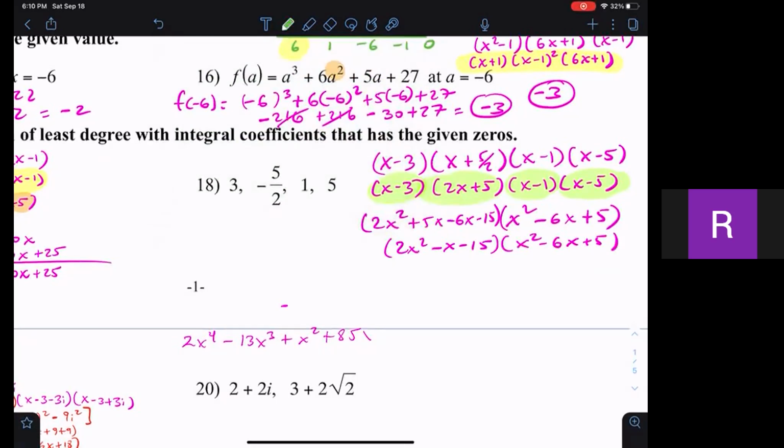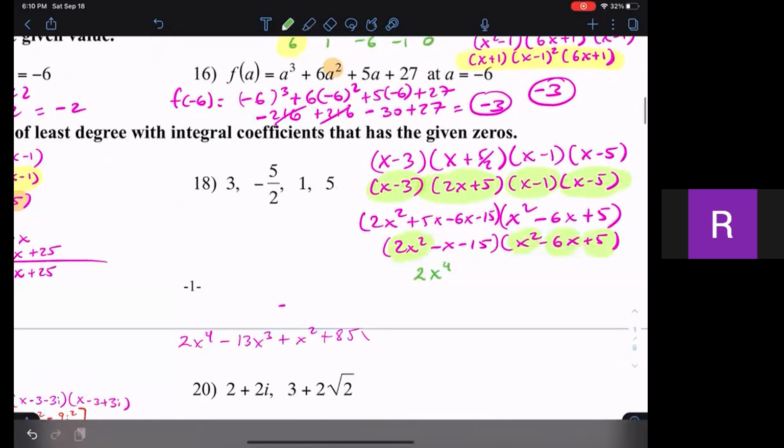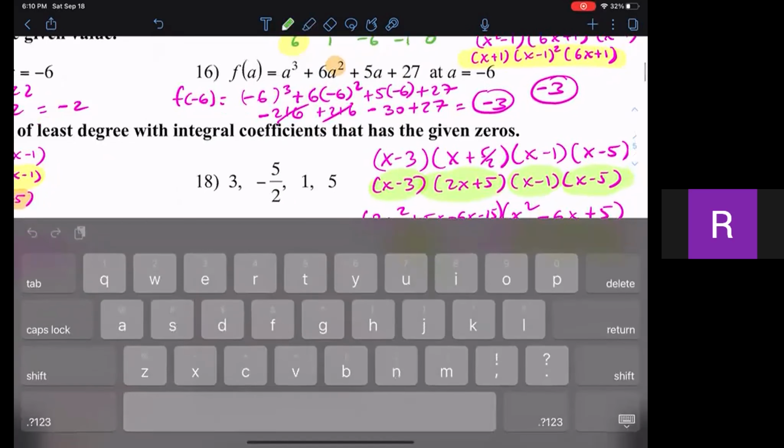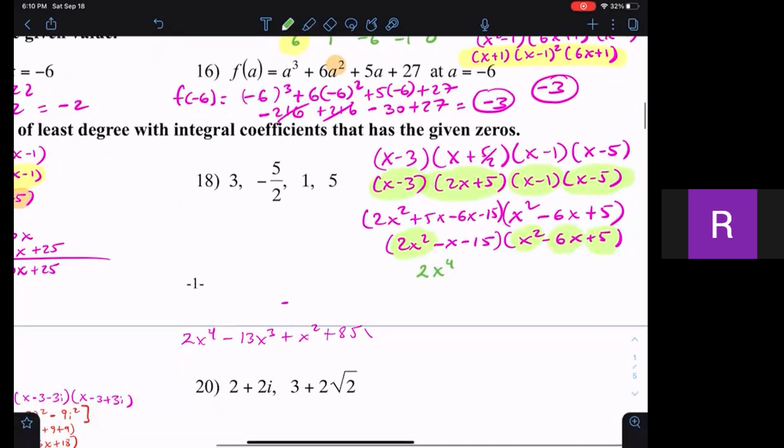So now this is going to be 2x to the 4, minus 12x cubed plus 10x squared.